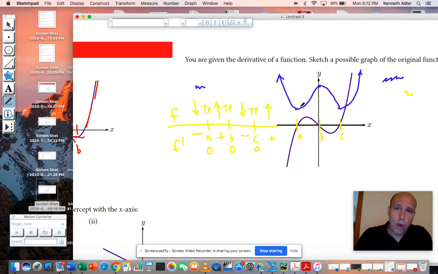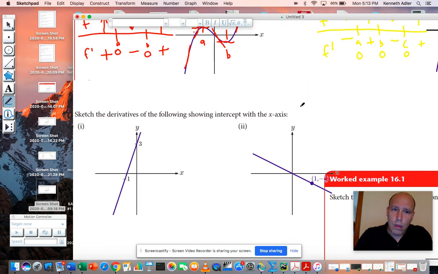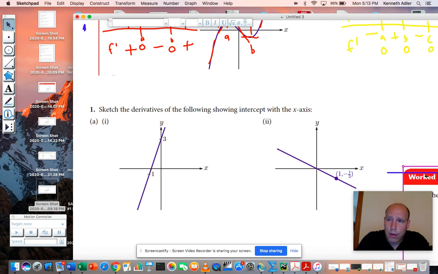The last thing I want to talk about is: sketch the derivatives of the following, showing intercepts with the x-axis. Let me get rid of this. Okay. Now sketch the derivative. Well, the derivative is those surfboards.